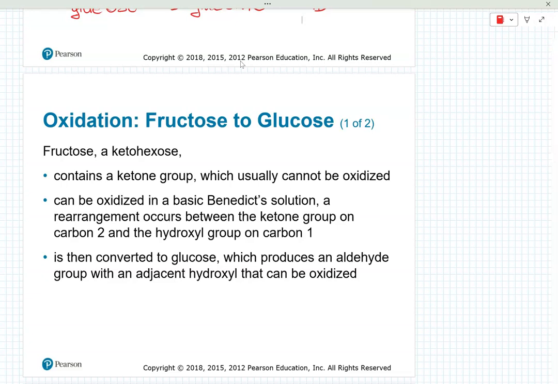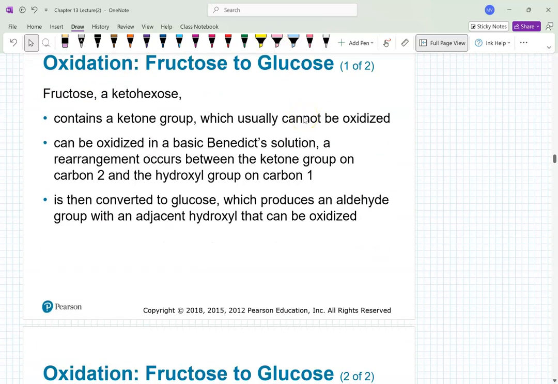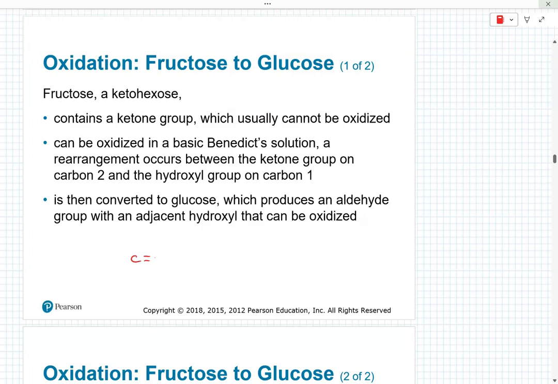Now, there is an interesting situation with the keto group. So if you think about the fructose sugar, it contains a keto group, which is arranged like this. Okay? So you can see that it's not terminal. Everybody agrees with that? Now, you may remember that ketones, this is the ketone, they cannot be oxidized further into some kind of an acid.